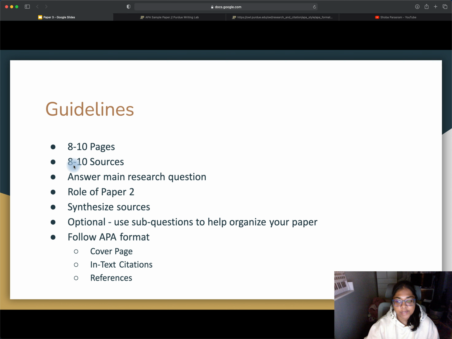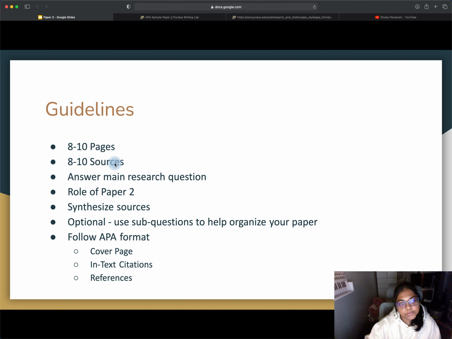Your paper should also have 8 to 10 sources, and these sources you have already outlined in your annotated bibliography. As you were doing your research, if you found that your research focus may have shifted a little, or one of the articles that you have in your annotated bibliography no longer works and you want to replace it with a different one, that's totally fine.